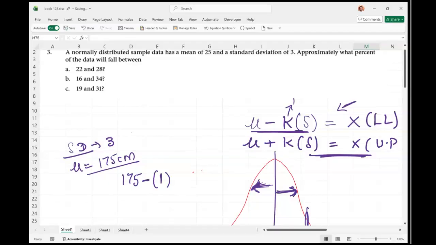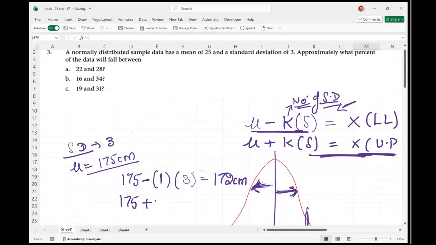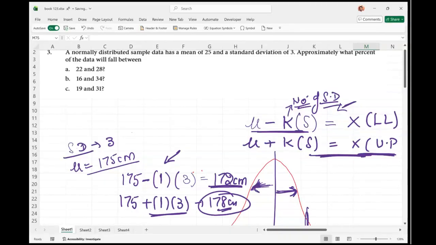Remember this, number of standard deviations. So 1 times the standard deviation value 3 is equal to x, so this comes out to be 172 centimeters. If you are moving to the right, which is the higher value, 175 plus 1 times 3 is 178 centimeters. So for one standard deviation, the lower limit is 172 on the left and 178 on the right.